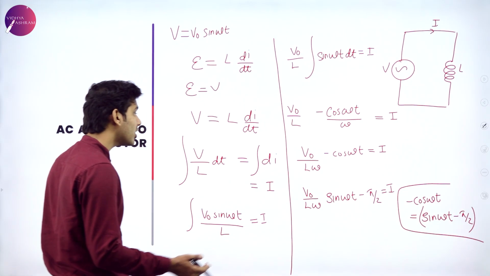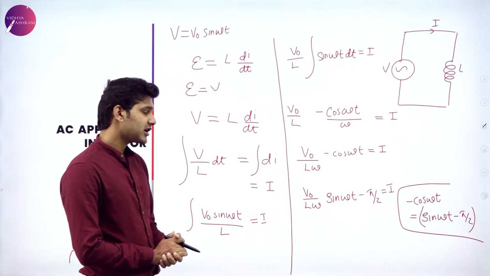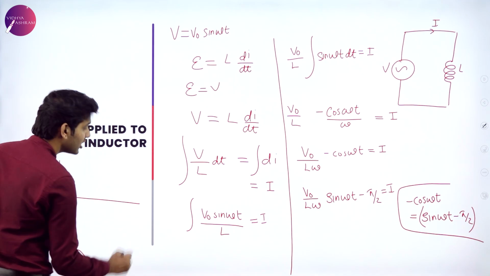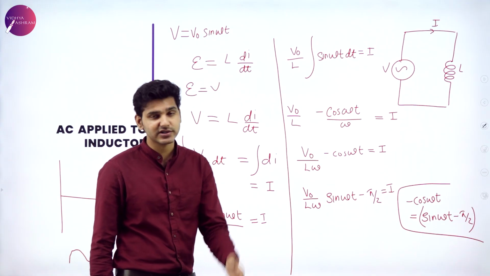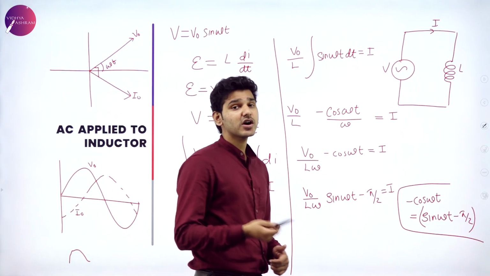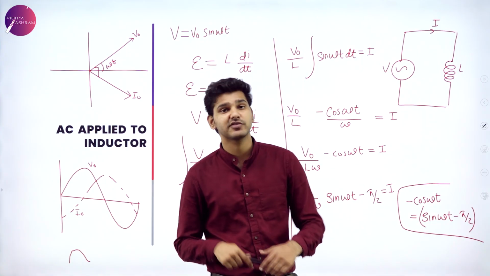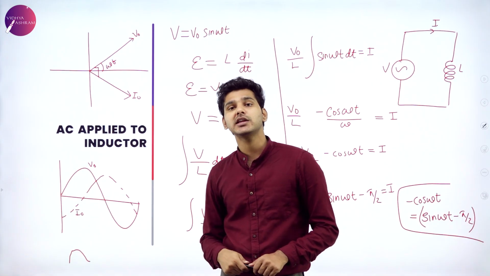If we draw the phasor diagram and the graphs for this particular equation for a purely inductive circuit, we can see that current is now lagging behind voltage.